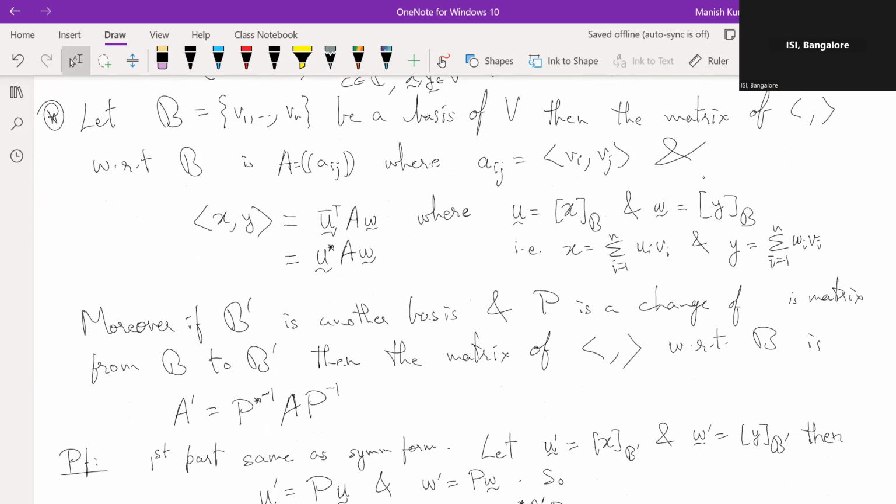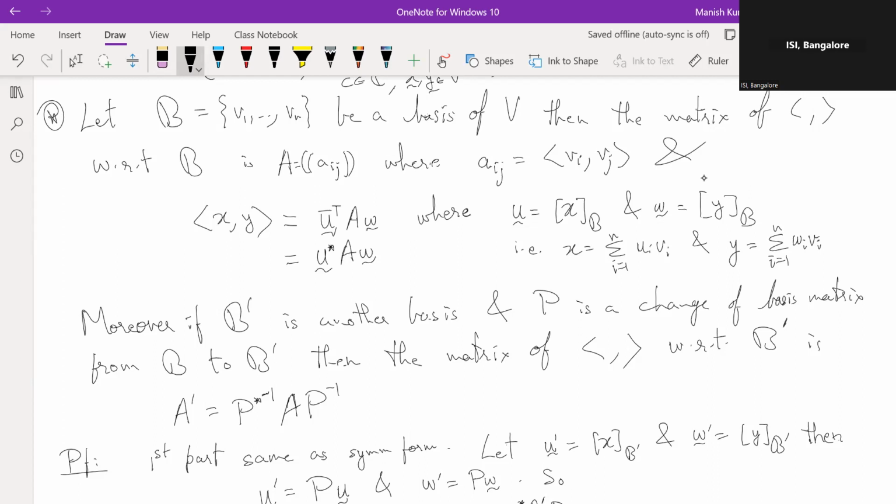Similarly, moreover, if B prime is another basis and P is the change of basis matrix from B to B prime, then the matrix of this form with respect to B prime, say A prime, will be this thing: P star inverse A P inverse.